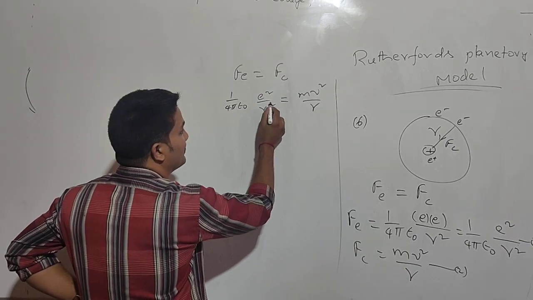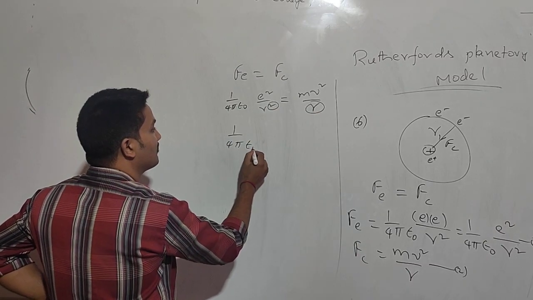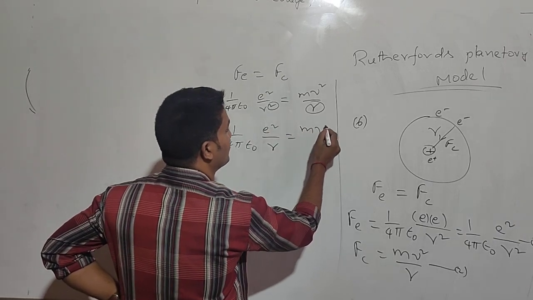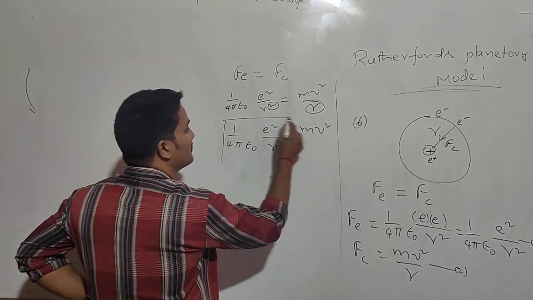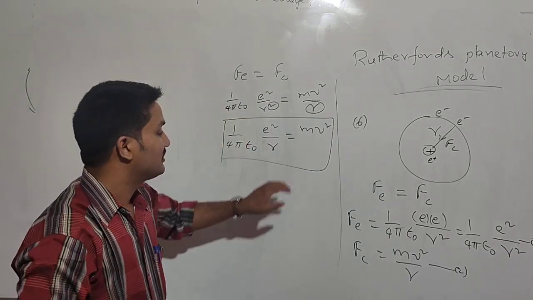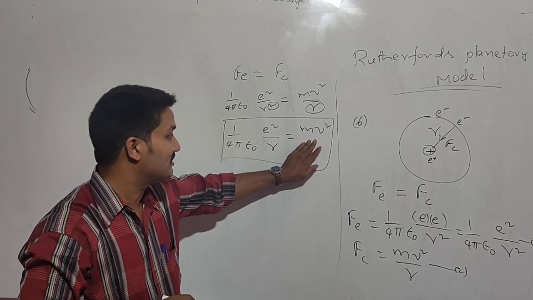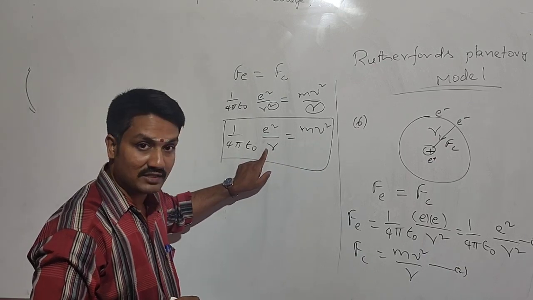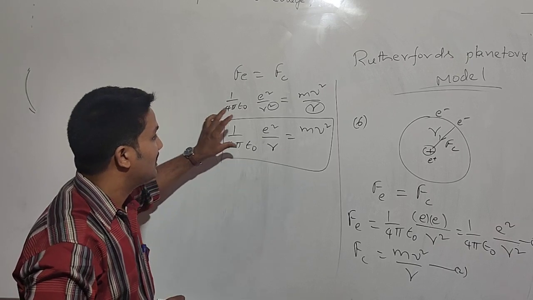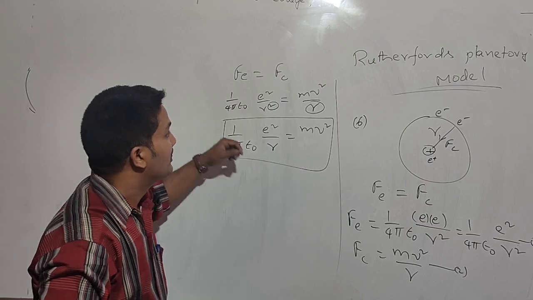So this r was cancelled one time, then we got 1 by 4 pi epsilon naught e square by r is equal to mv square. So from this one, we have to determine the kinetic energy of the electron revolving around the nucleus, the radius of the electron's orbit around the nucleus, and also the mass of the electron.